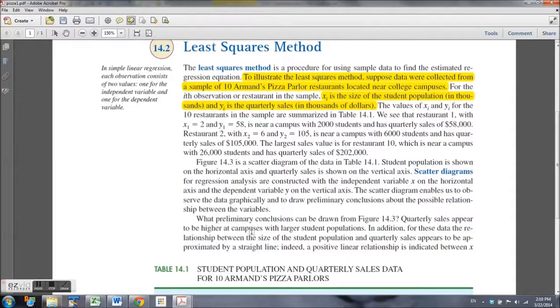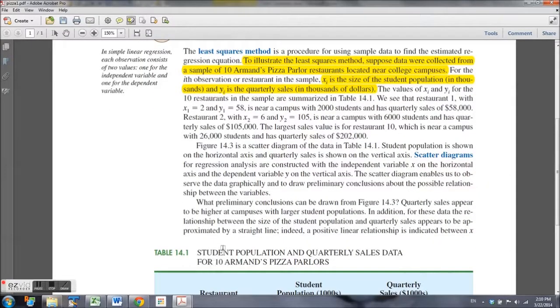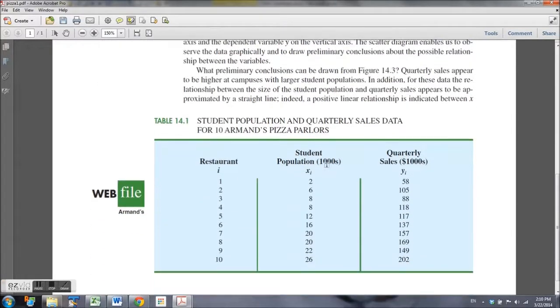Let us assume that a random sample of 10 campuses were selected, and for each of those restaurants, we record the student population in thousands, that's our x, and the quarterly sales in $1,000, that's our y. So we have a sample of 10 observations, each with a value of x and a value of y, and using this sample we want to estimate the y-intercept and the slope, and these estimates are b sub 0 and b sub 1.